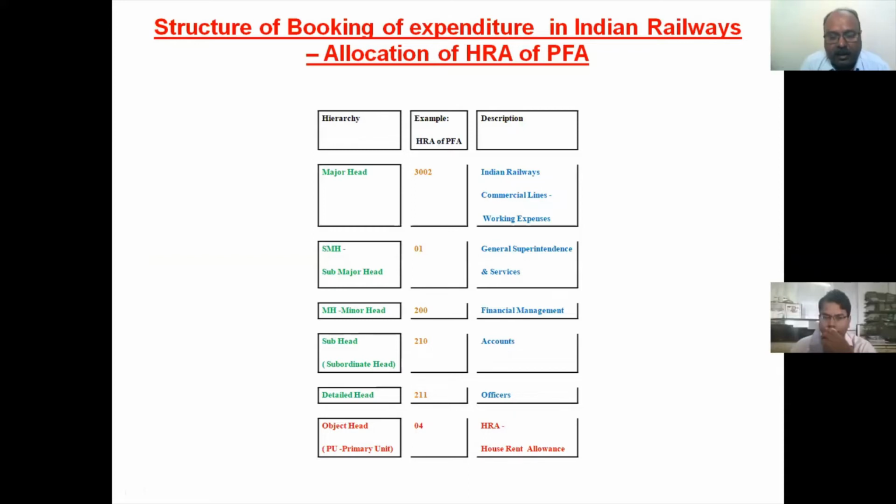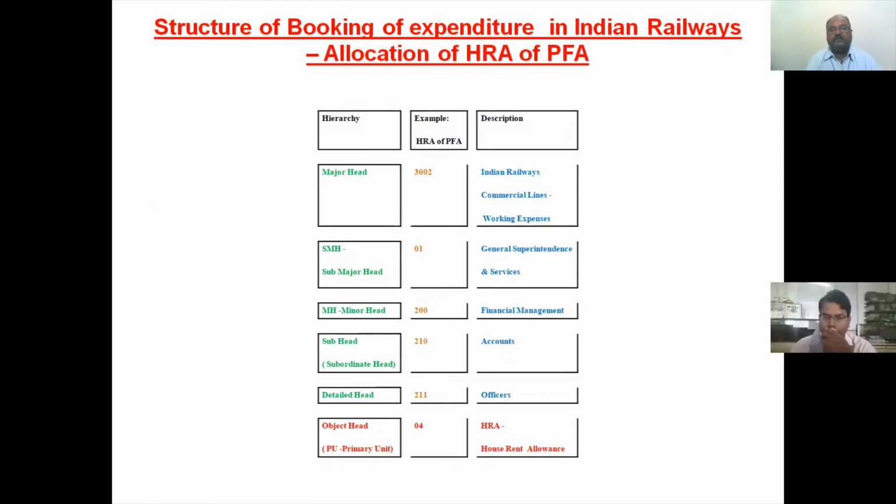The first level is major head, please note down. The second level is sub major head, SMH. The third level is minor head. The fourth level is subhead, and the fifth level is detailed head. The last and sixth level is object head or primary unit.